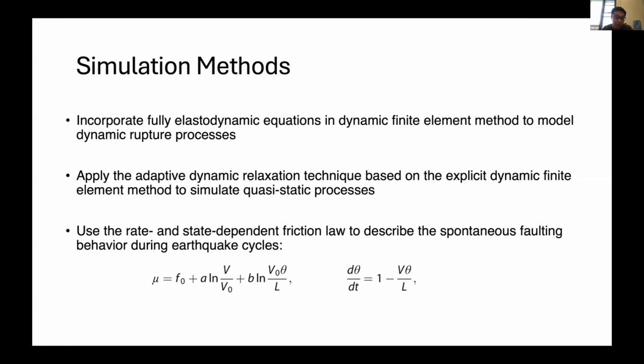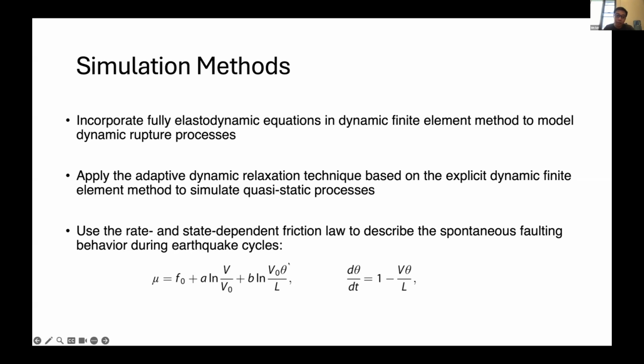There are some physical explanations of this parameter, but it's still not very clear what it actually means. But still, this works very well in describing how the fault behaves. So this friction law is now widely used for earthquake simulation and earthquake cycle modeling.